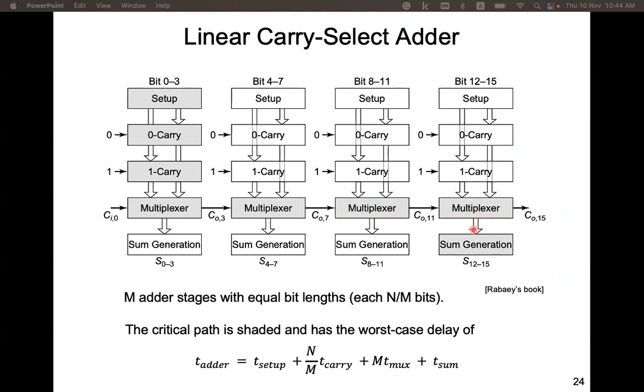And then the sum generation, here it needs the carry value. So to generate this sum, it needs to wait for this position signal to be ready. Then perform the final summation for the final stage. So this is the critical path.